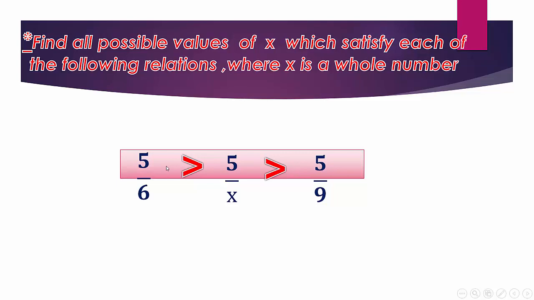And x is a whole number. So x is a number between 6 and 9, greater than 6 and smaller than 9. Which numbers? Yes, 7 or 8. Okay? Another exercise.